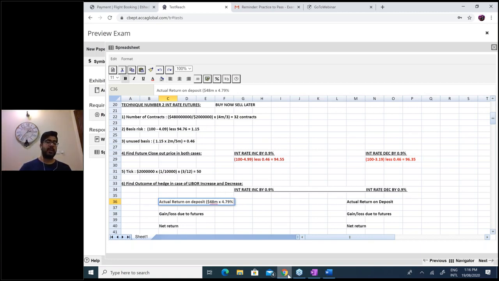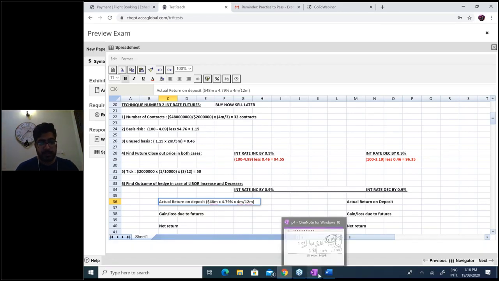You can deposit at the interbank rate 4.09 less 0.2%, 3.89. But if it increases by 0.9, it becomes 4.79, into time period 4 months over 12 months. We have calculated this before: $766,400.